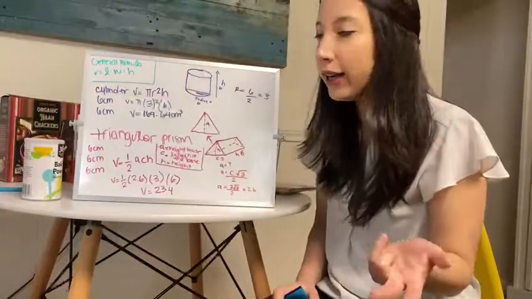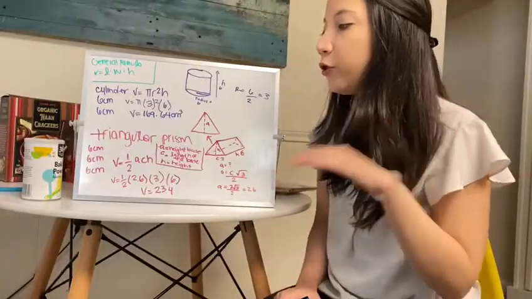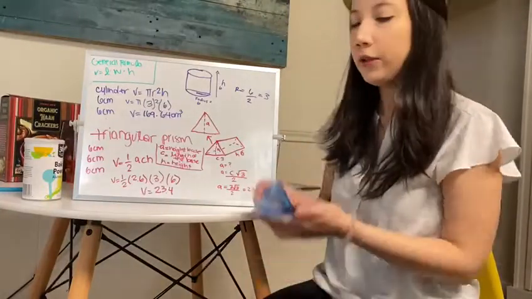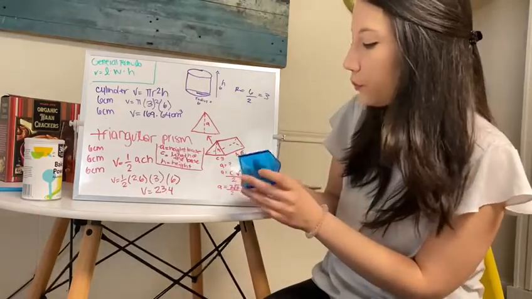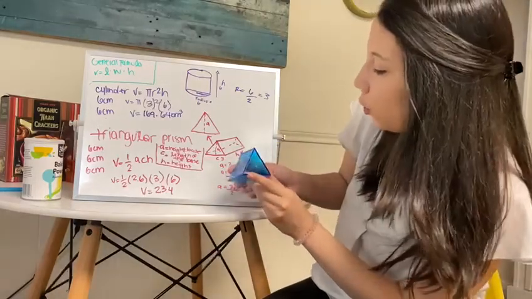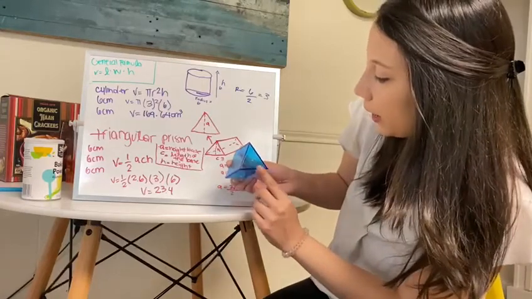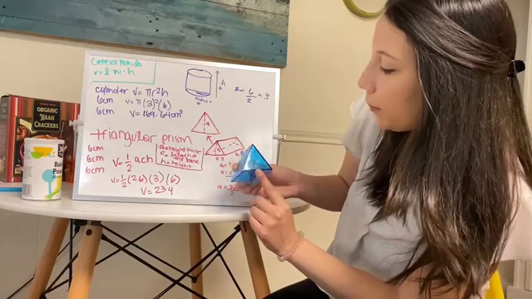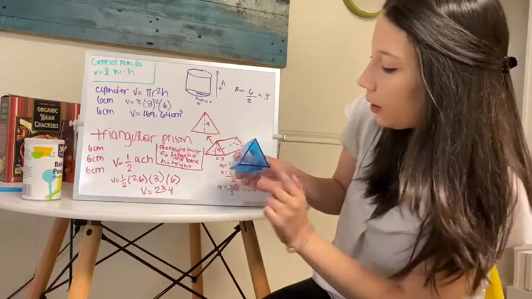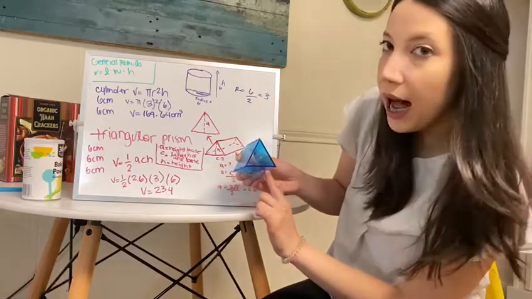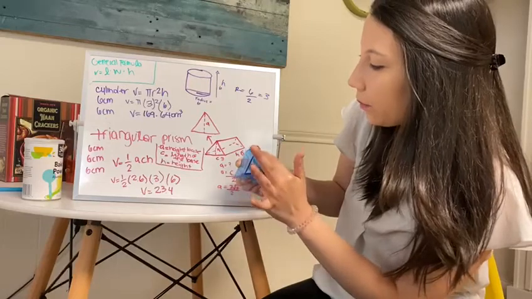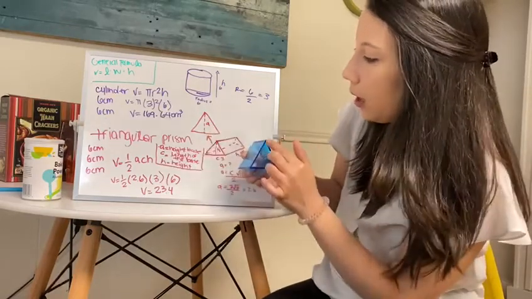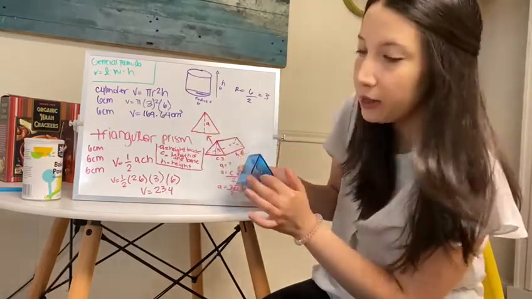We're going to go ahead and calculate the volume of a triangular prism. So this is what a triangular prism looks like. For this, C is going to be the length of the base. You can see it here. This is going to be the height of the triangular prism, and A, you can see it here as well, is going to be the height of the base.